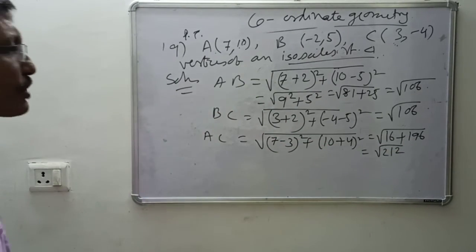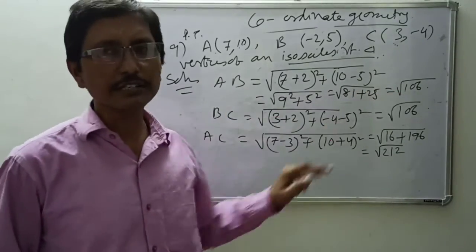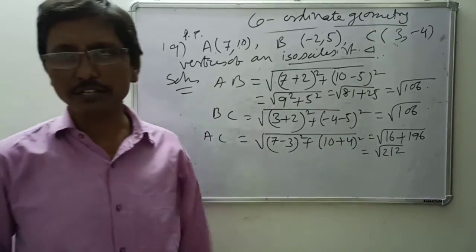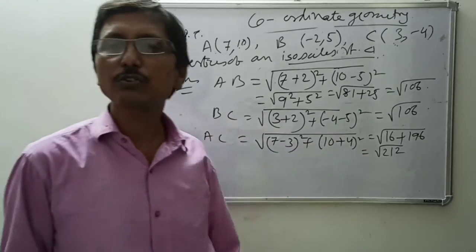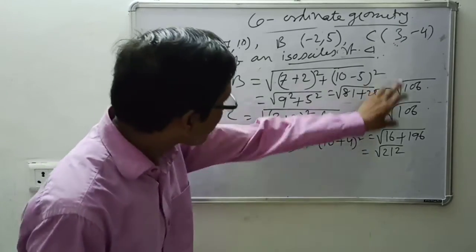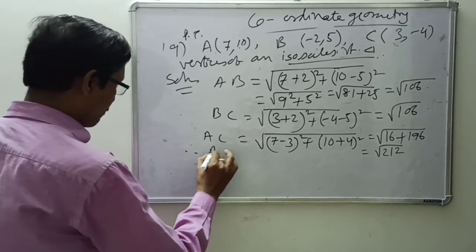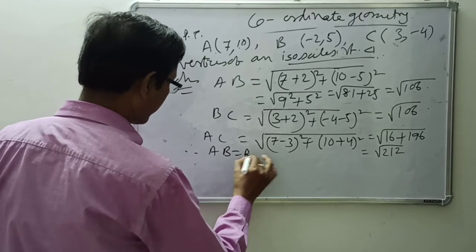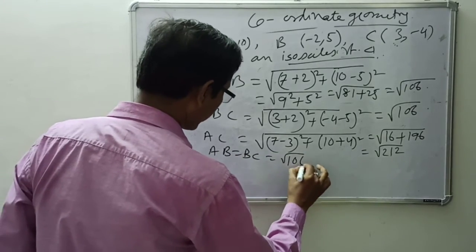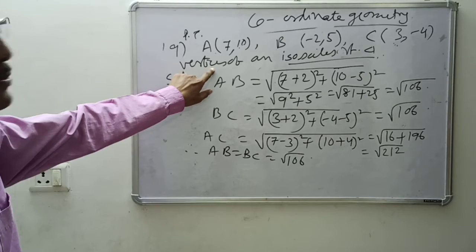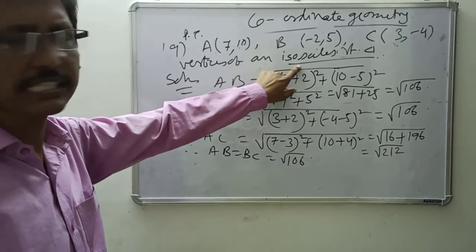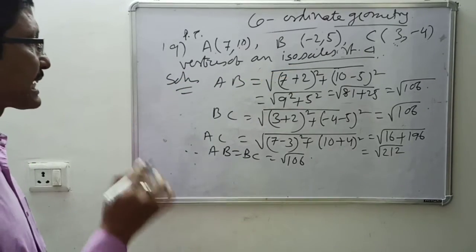तो see 3 values you got. AB root under 106, BC root under 106, AC root under 212. So ultimately you are getting AB equal to BC. So first one is proved, that is the isosceles, it is proved. Now second one क्या बोले?